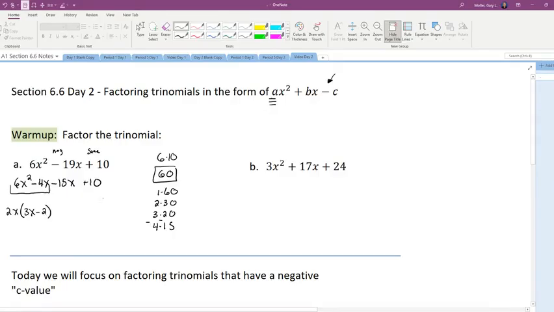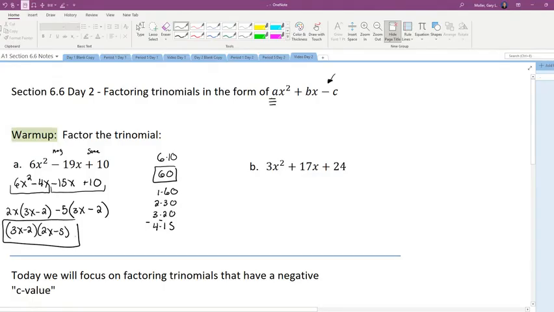The back half, I can factor out a 5, but I'm going to make it a -5 because I want this x term to be a positive, and right now it is a negative. So pull out the -5, leaving me with a 3x. The plus turns into a negative, and we've got this. And they match, and I get 2x minus 5.